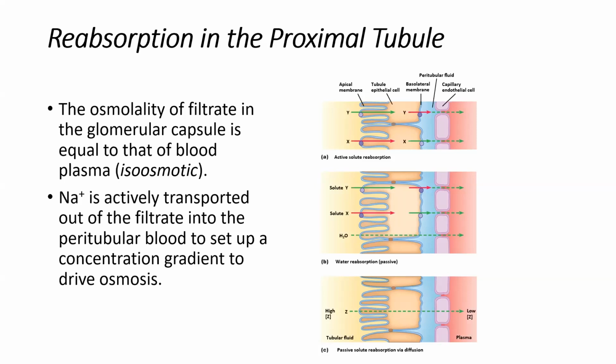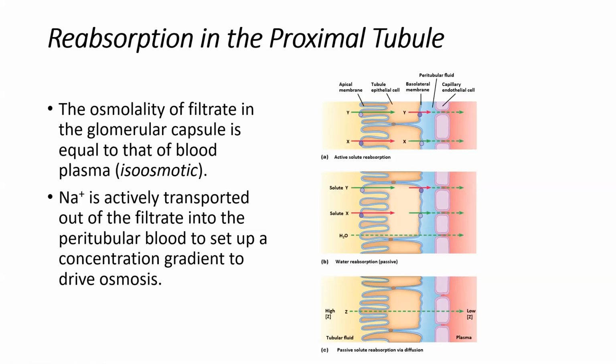And then water will simply follow that gradient, okay? So the first thing in understanding that is that sodium is pumped from the epithelials, from the solute here into the epithelial cell. And then that sets up a concentration gradient that will then drive osmosis.